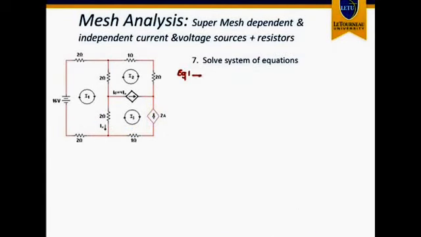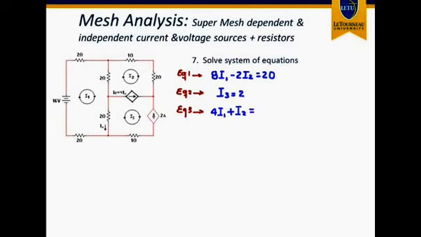To solve the system of equations, we write equation number 1 as 8 I1 minus 2 I2 equal to 20. Equation number 2 was I3 equal to 2. And then equation number 3 was 4 I1 plus I2 equal to 10.